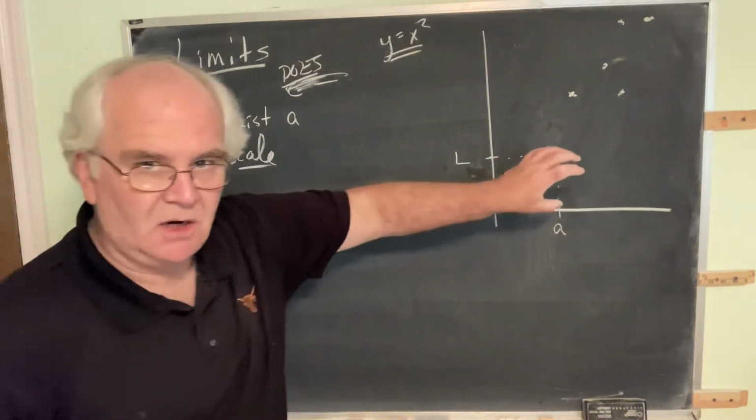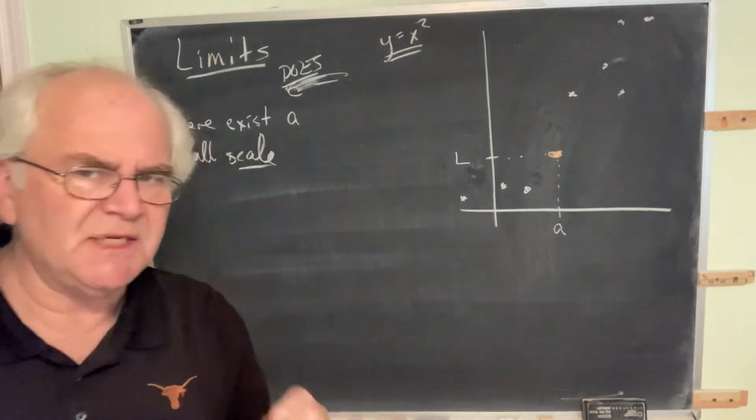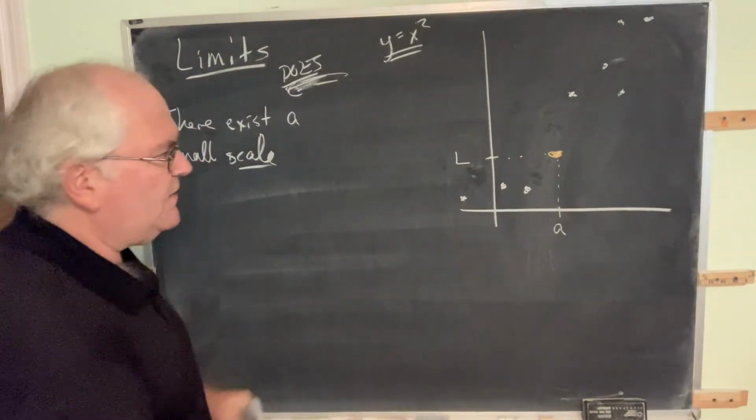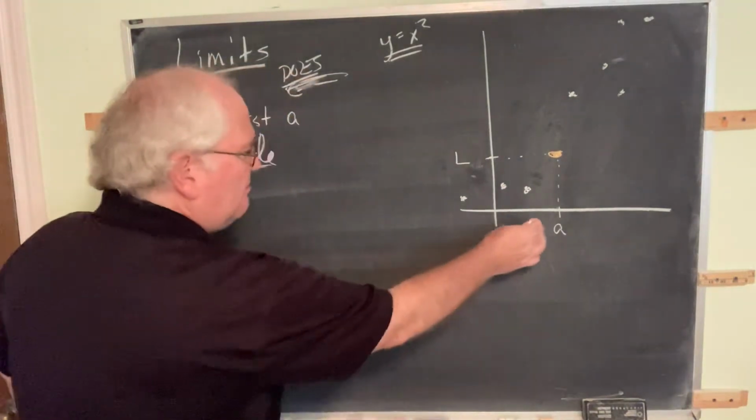We have zoomed in on our scale small enough. What do we mean by small enough scale? What I mean is the interval of the number line we're talking about.